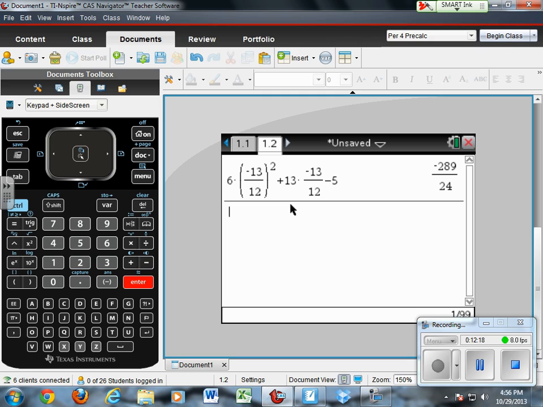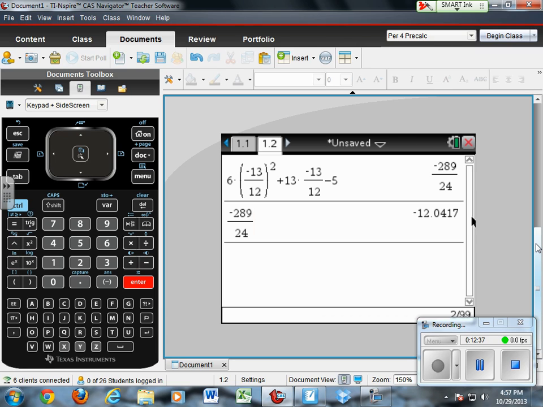And somehow that's not right. It's supposed to be just like a negative 12. Maybe, let's see if that reduces. Control, Enter. Oh, it's not a very nice number.